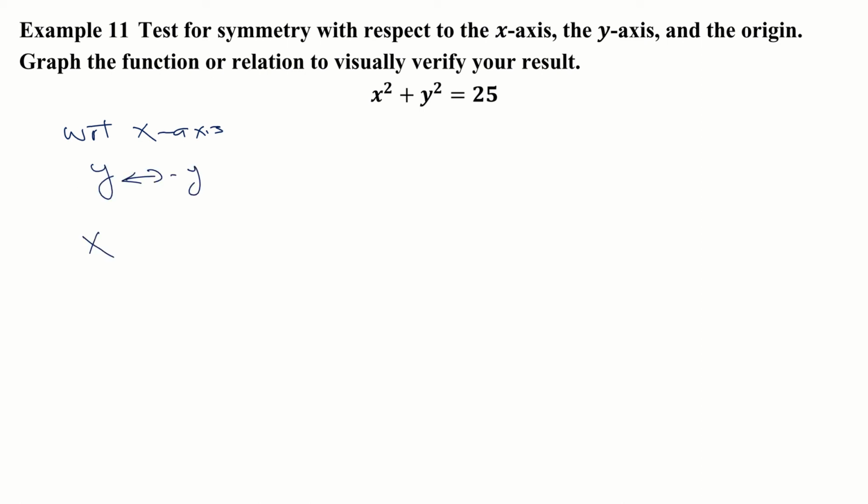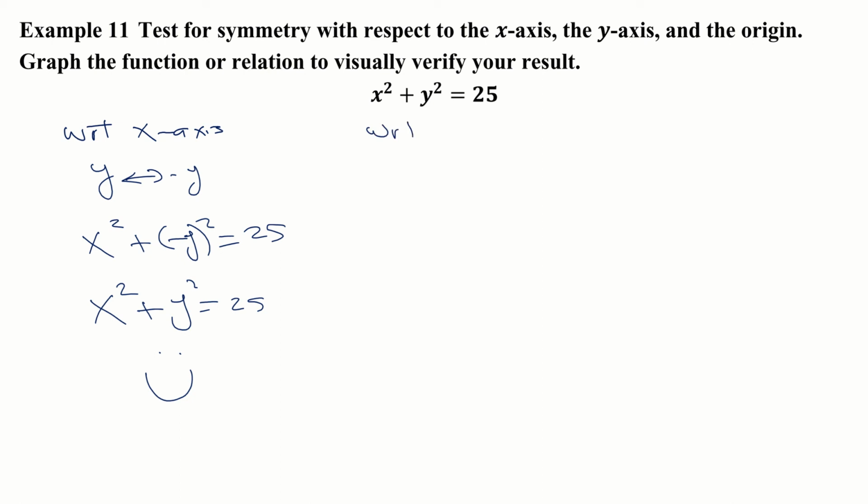So we get x squared plus quantity negative y squared equals 25. X squared plus, that's just going to be y squared. So we got back to the original equation. So yes, it does have symmetry with respect to the x-axis. We want to check it with respect to the y-axis.